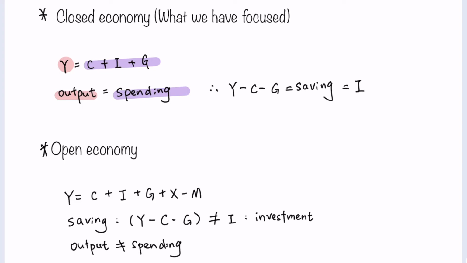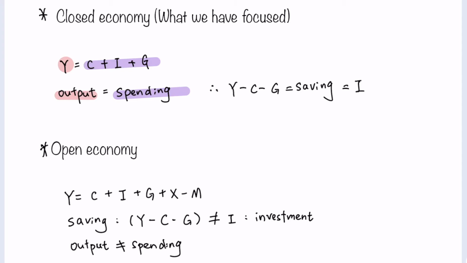So we have to admit that we are living in a world that in fact is an open economy, and we are more or less involved in international economic activities.